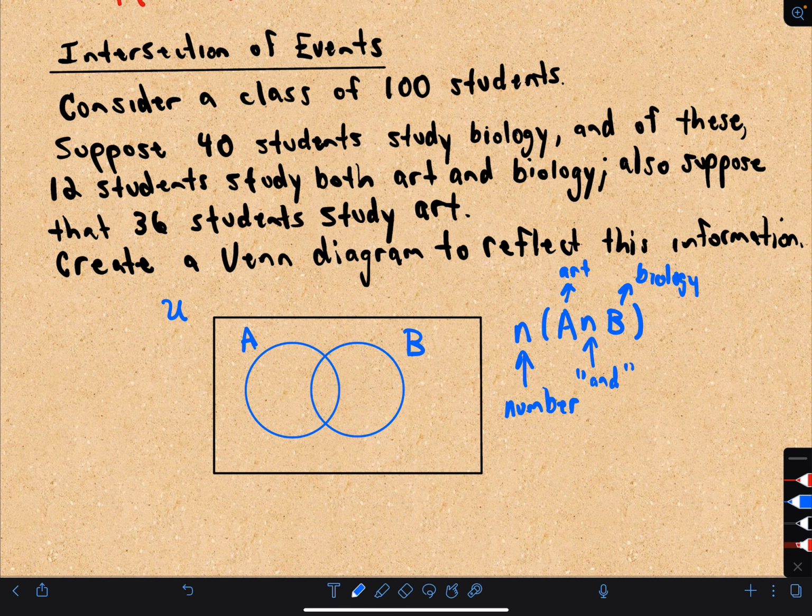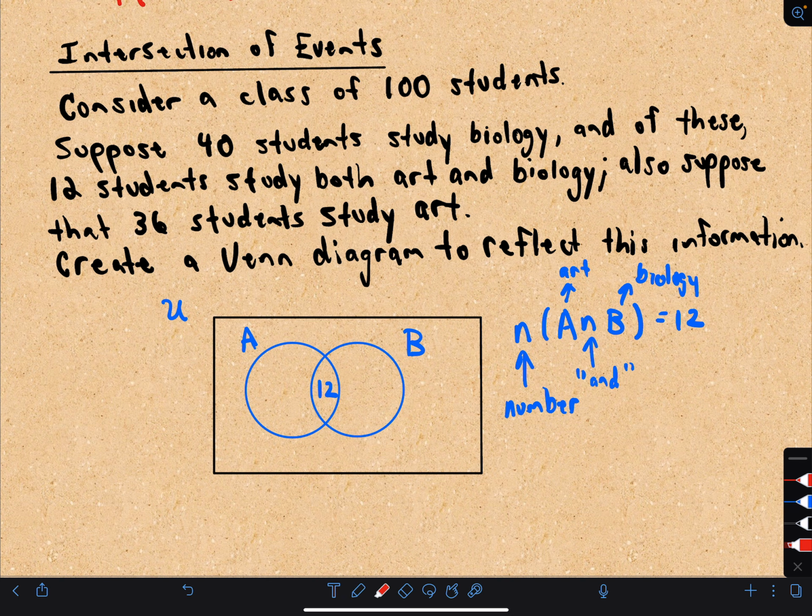So we're looking at the number of students that study art and biology. Well, we know that's equal to 12. So we're going to put a 12 in this middle part because we need it to be in the art circle, but it also has to be inside of the biology circle. So the 12 represents the students that study both art and biology.